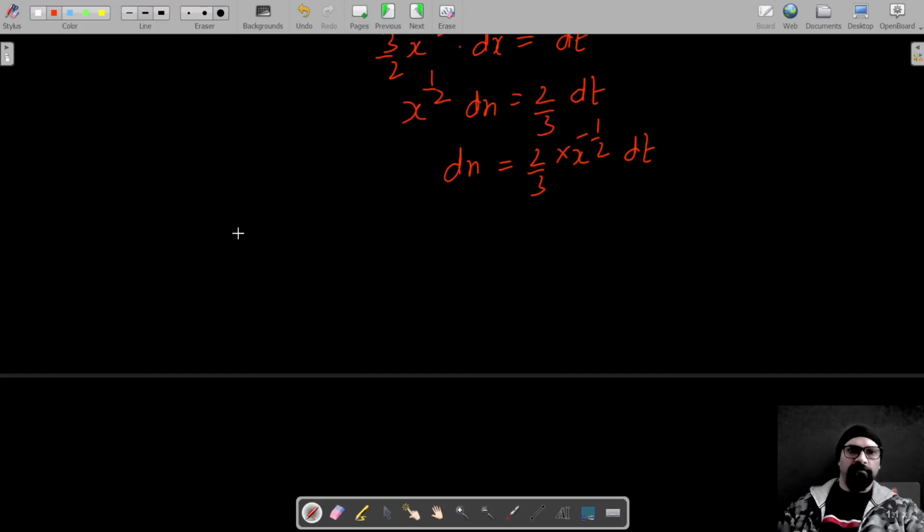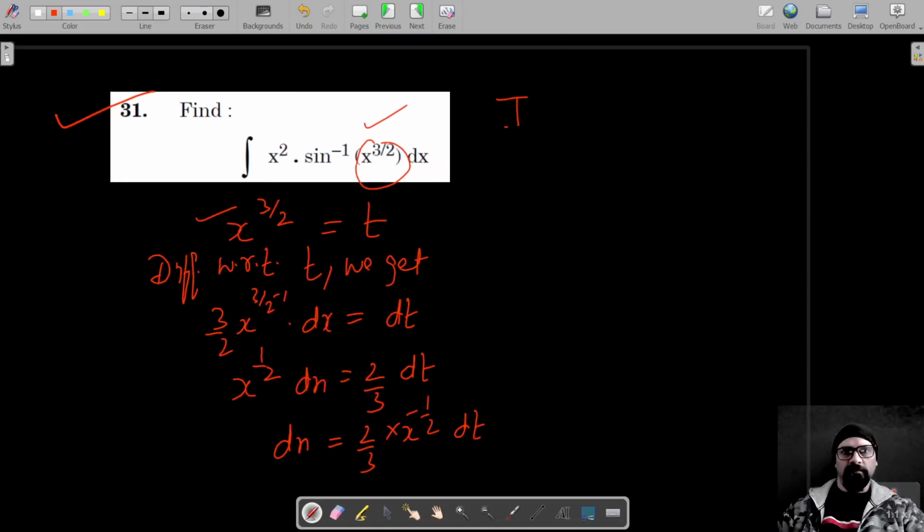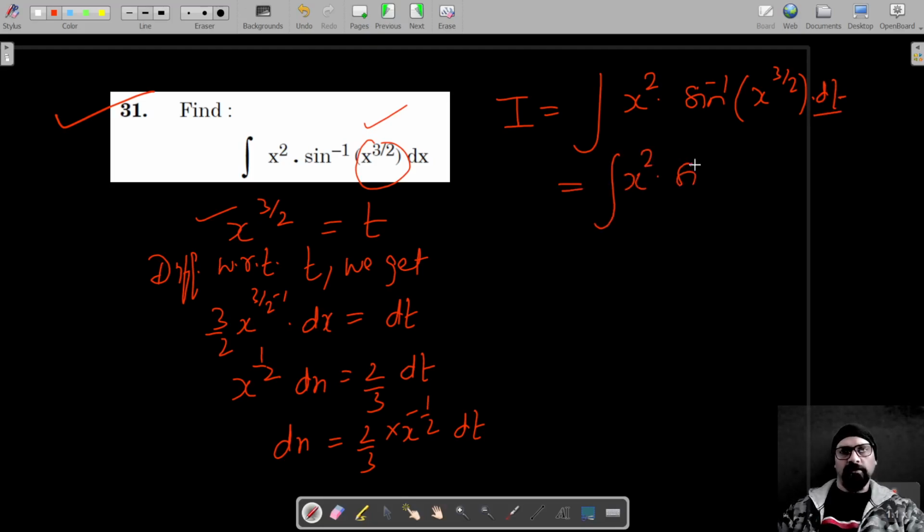Now let's make the substitution and let's consider this as I. So I is the integration of x square into sine inverse x raised power 3 by 2 into dx. Here x raised power 3 by 2 is t, and dx is 2 by 3 into x raised power negative half into dt.